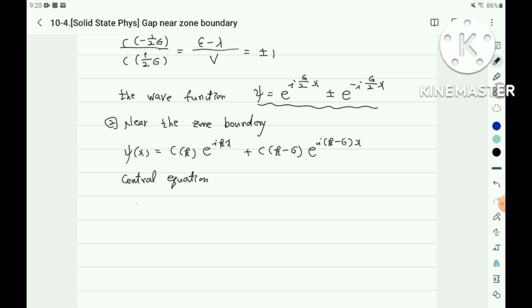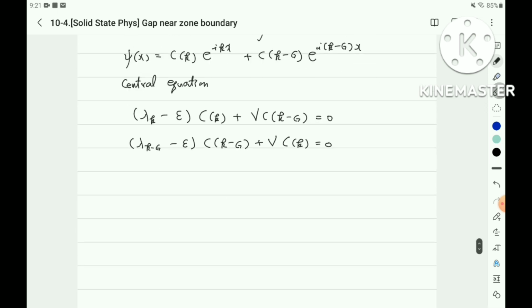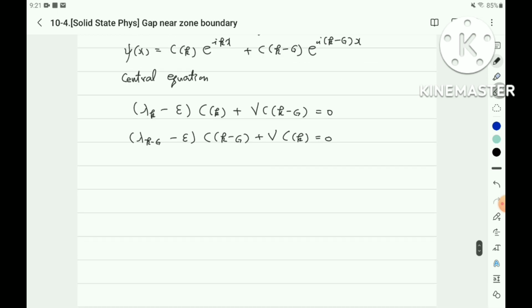The central equation: (lambda_k minus epsilon) c_k plus V c_{k-g} equals 0, and also (lambda_{k-g} minus epsilon) c_{k-g} plus V c_k equals 0. These are two equations with two unknown variables, and in the same way, the determinant of this matrix, with lambda_k minus epsilon, lambda_{k-g} minus epsilon, and V and V, should be 0.